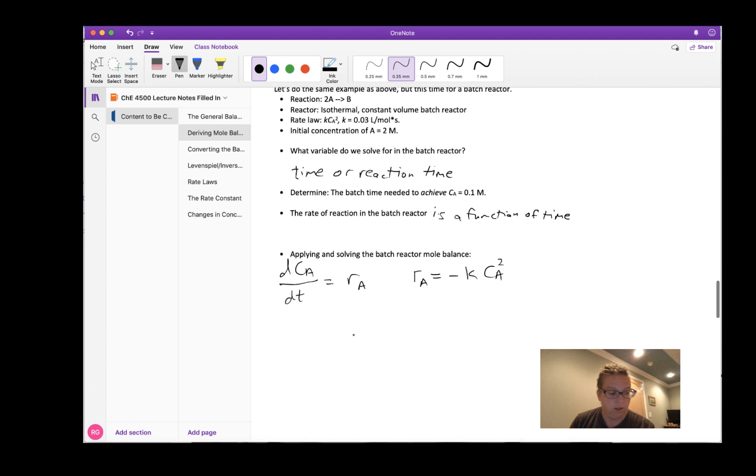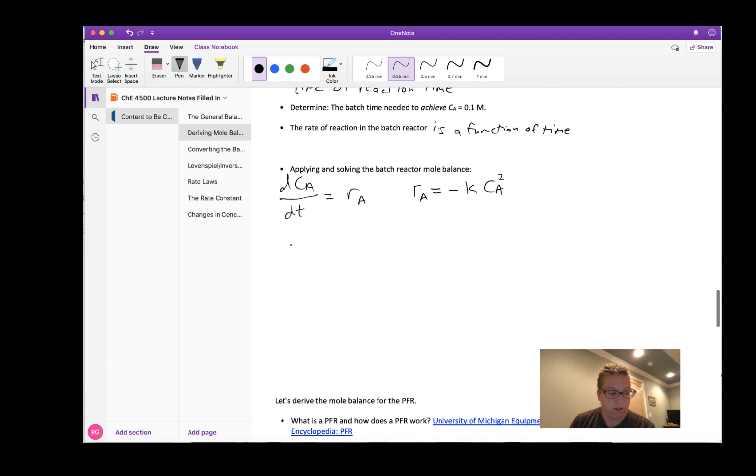So now let's combine these. We have dCA/dt is equal to minus k CA squared. To solve this, I'm basically going to do separation of variables. So I'm going to say dCA over CA squared is equal to negative k dt.